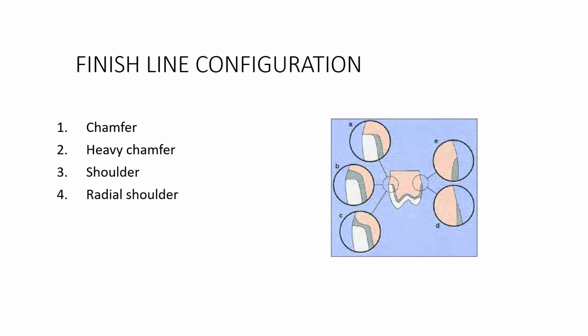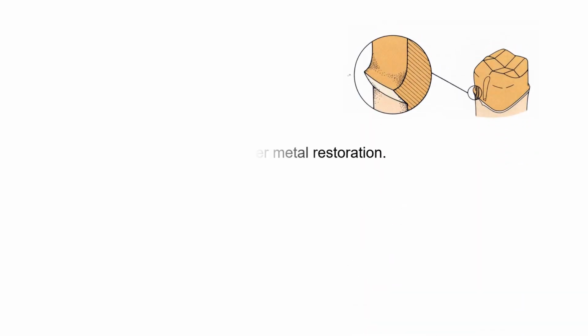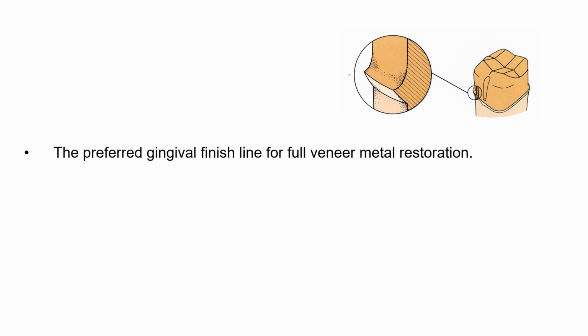Then we have the radial shoulder, which is also a type of shoulder but with an obtuse angle of more than 90 degrees. A shoulder has a 90-degree axiogingival line angle, whereas a radial shoulder has a more obtuse angle. Okay, and then we have the shoulder with bevel. Then we have the knife edge and feather edge, which we most commonly use for PFM restorations, partial coverage restorations, and crowns.